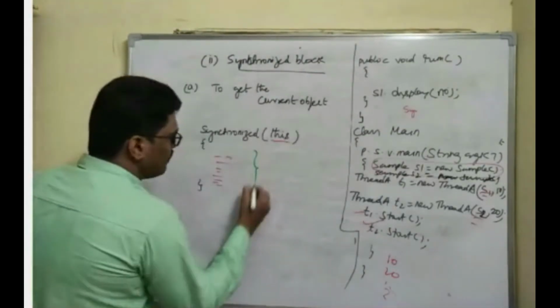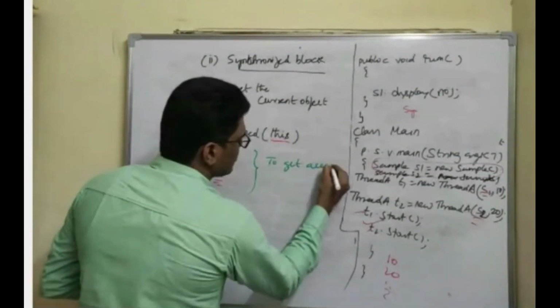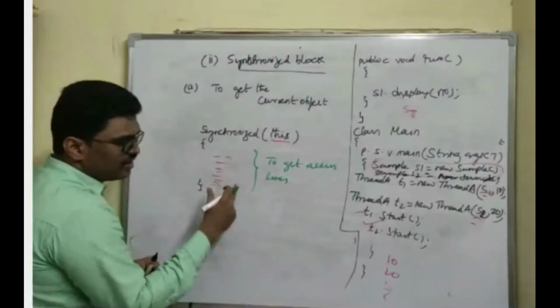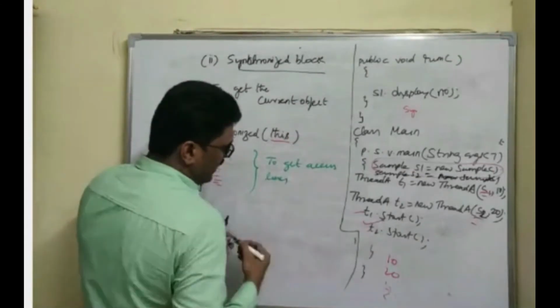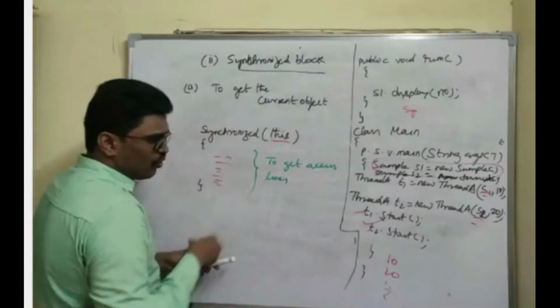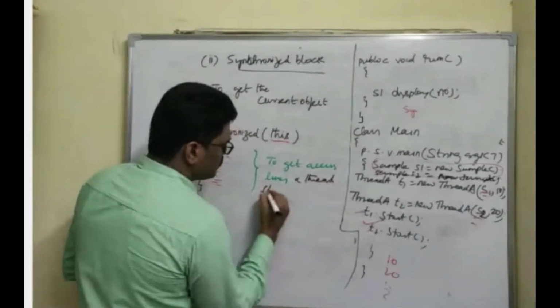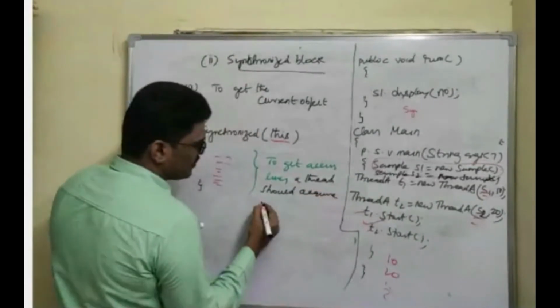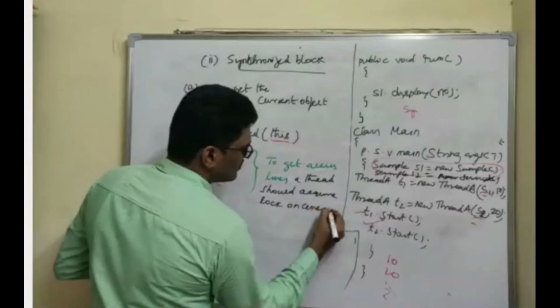So now, to get access to these lines, a thread must get the lock on the current object. To get access to these lines of code, a thread should acquire the lock on the current object.